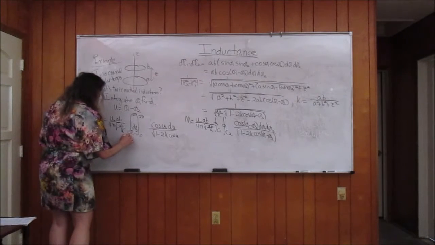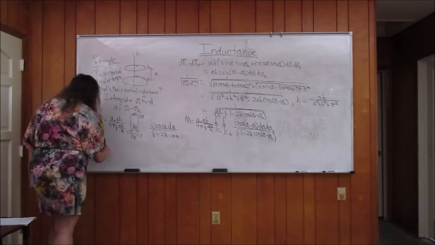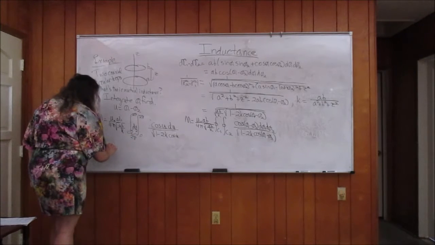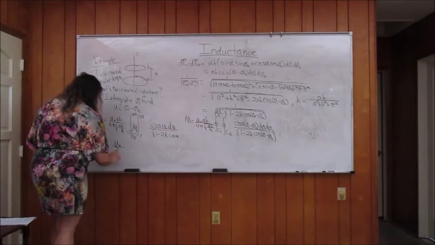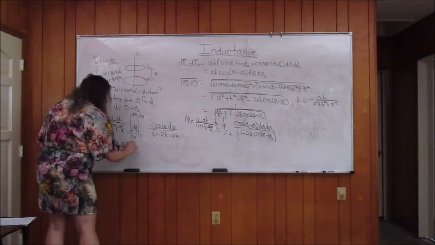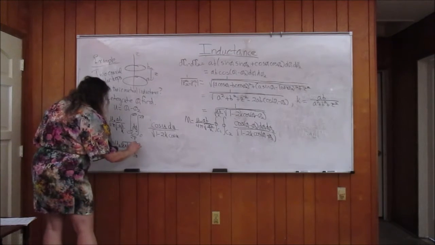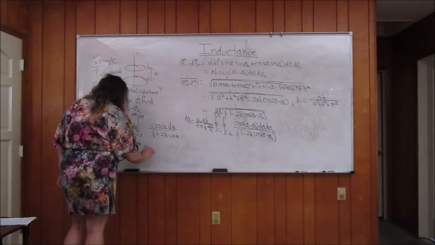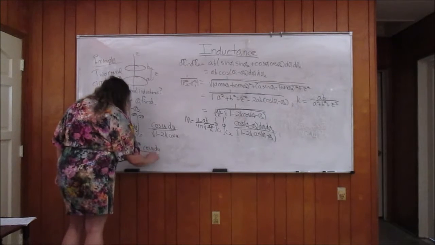So that's just going to give me 2 pi, and I'll be left with mu naught over 2 times the square root of k ab times the integral from 0 to 2 pi of cosine u du over 1 minus 2k cosine u.